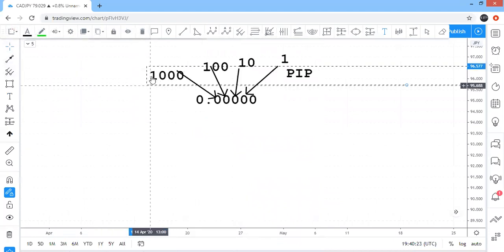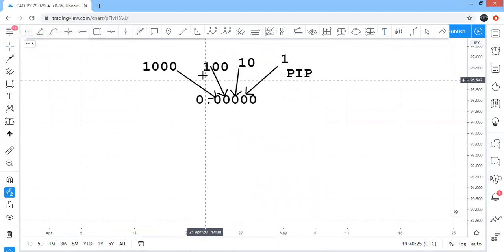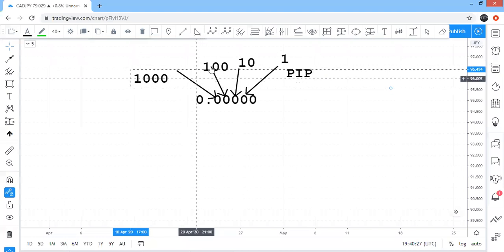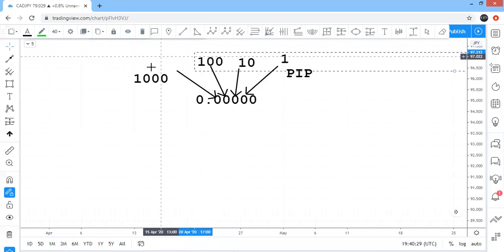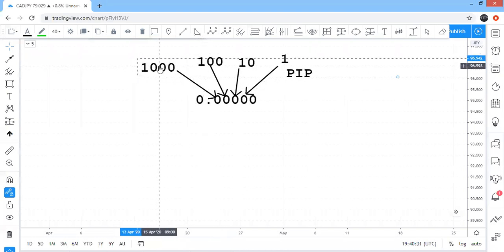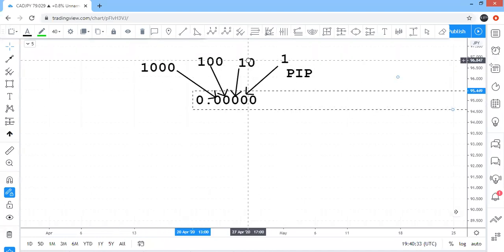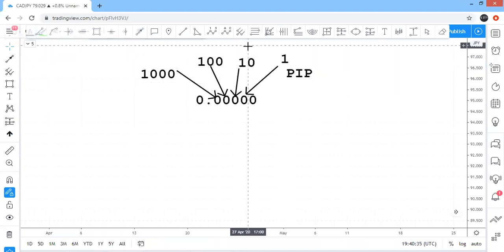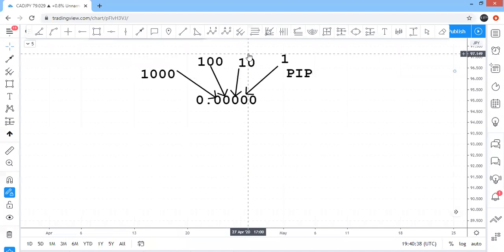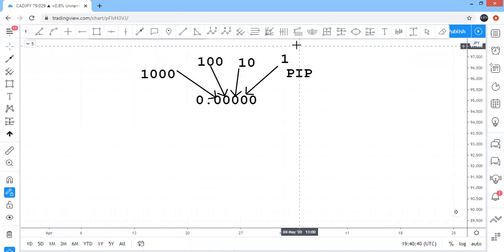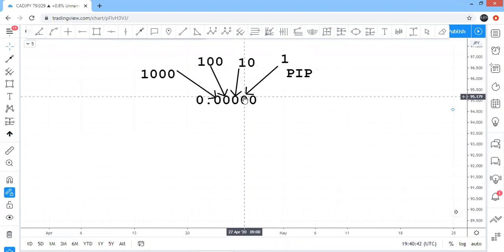So this is how pips ought to work. But you can't do pips without understanding how we use the instrument called lot sizes to help you understand how much money you're going to make. But when we're talking about pips, this is how we're breaking it down. If this number moves by 1, it means that you've made 1 pip.